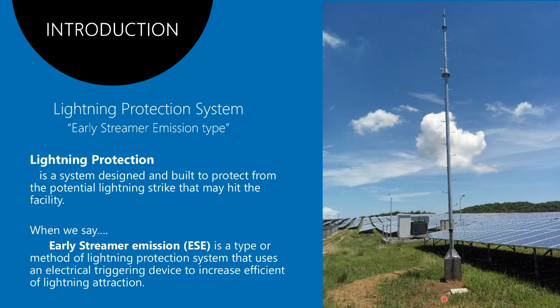Early streamer emission is a type or method of lightning protection system. It is a lightning protection system type that uses an electrical triggering device to increase the efficiency of lightning protection, as compared to the conventional type.